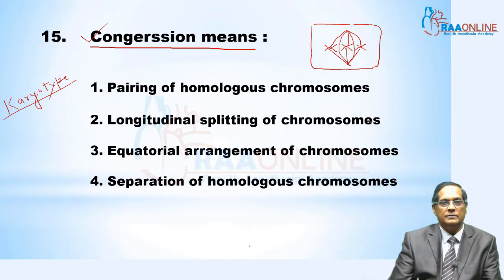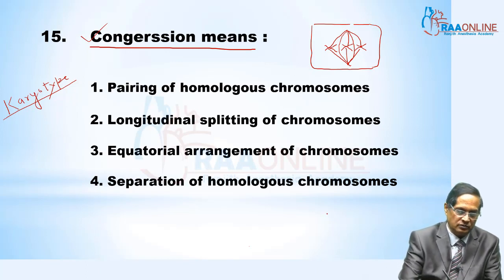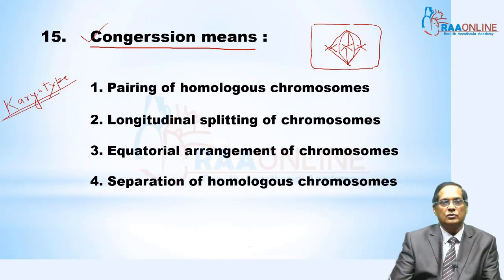Karyotype is the complete morphological information of the chromosomes in one set. The parameters are the number of centromeres in each chromosome, the position of centromere in each chromosome, then arm ratio, and then they are arranged according to their size. When we study the karyotype, chromosomes should be arranged in decreasing order.